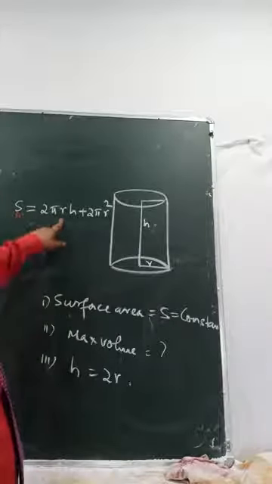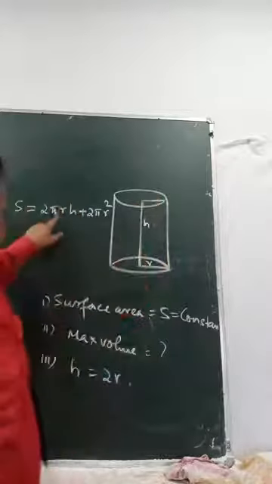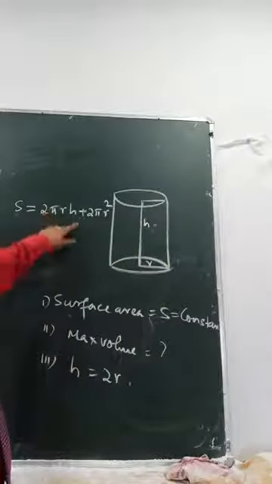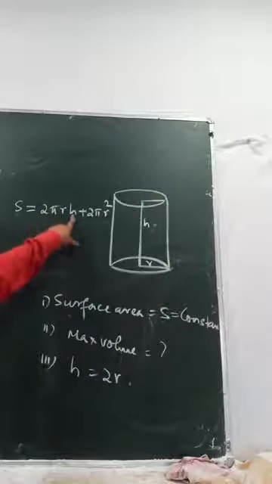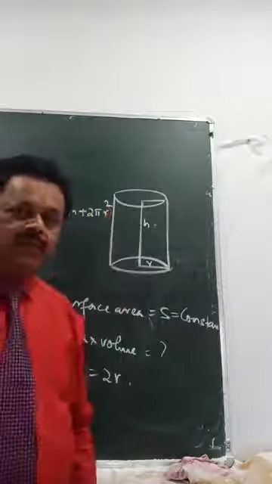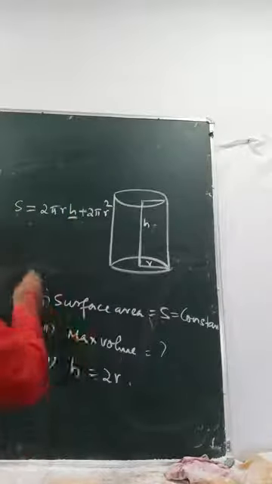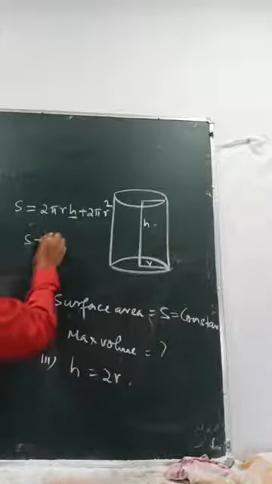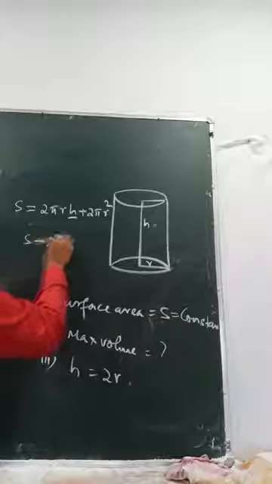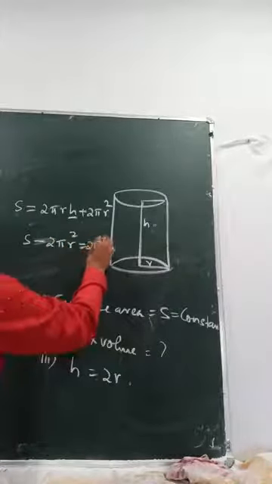Look here, there are two variables. One is radius, the other is height. Let's find one variable from here. It is easy to find h, because if you find r, then r square is there, that will be complicated. So it is easy to find h. S minus 2 pi r square equals 2 pi r h.